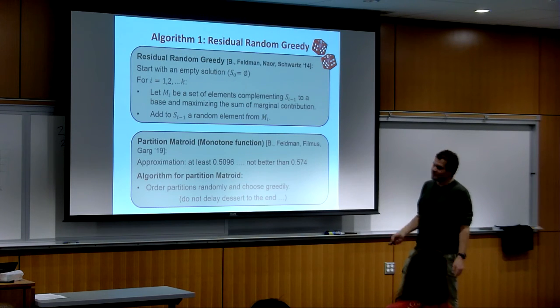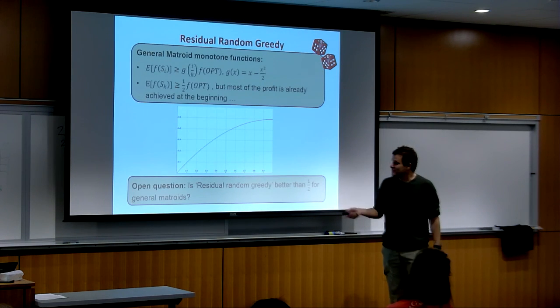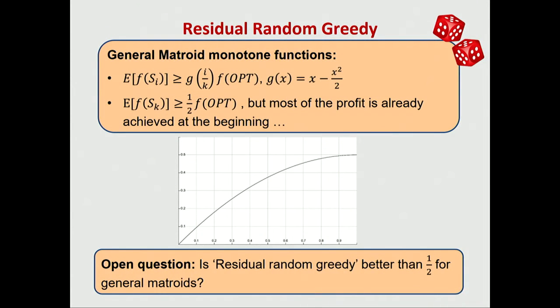So this algorithm is good for partition matroid. But actually, for general matroid, we don't know if this is better than half. I suspect that it's better than half, but I don't know. But we can say other properties that are good for our case. For example, it achieves only half of opt, but it achieves it fast.